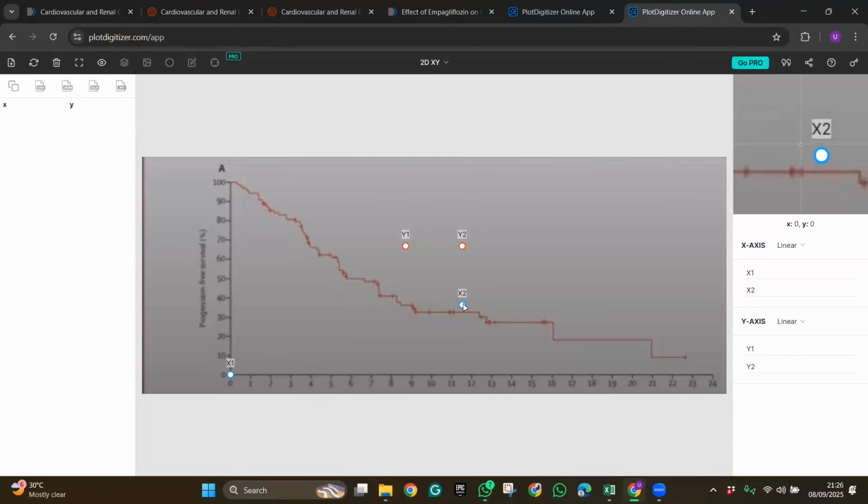Similarly, take x2, drag it, and place it on the upper limit of your x-axis. Then take y1, place it at the lower limit of the y-axis. Take y2, place it on the upper limit of the y-axis.